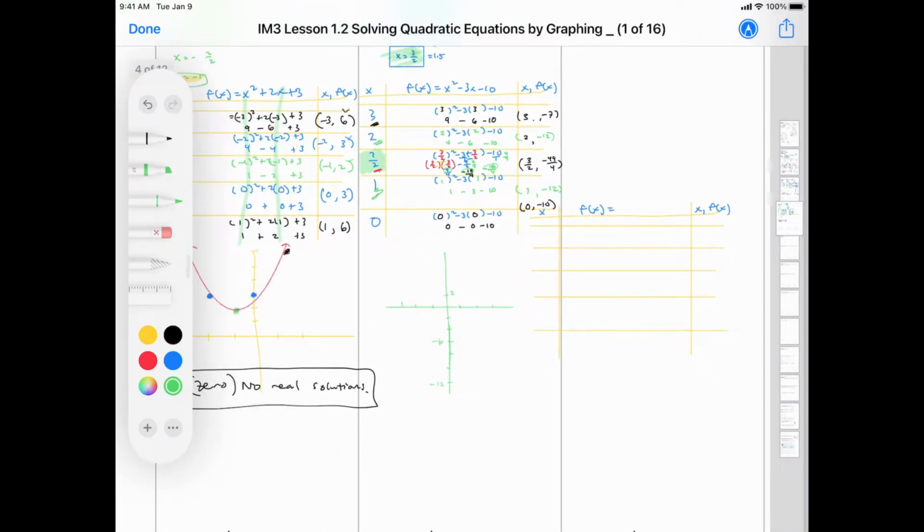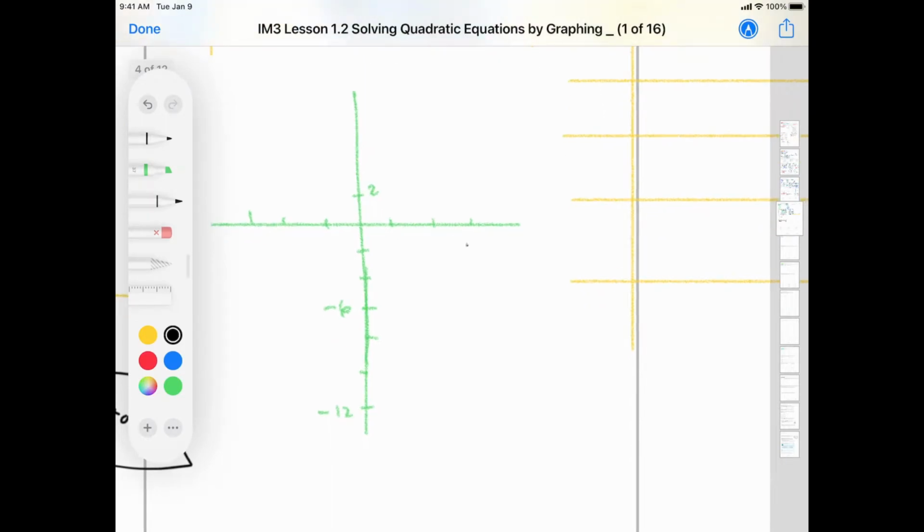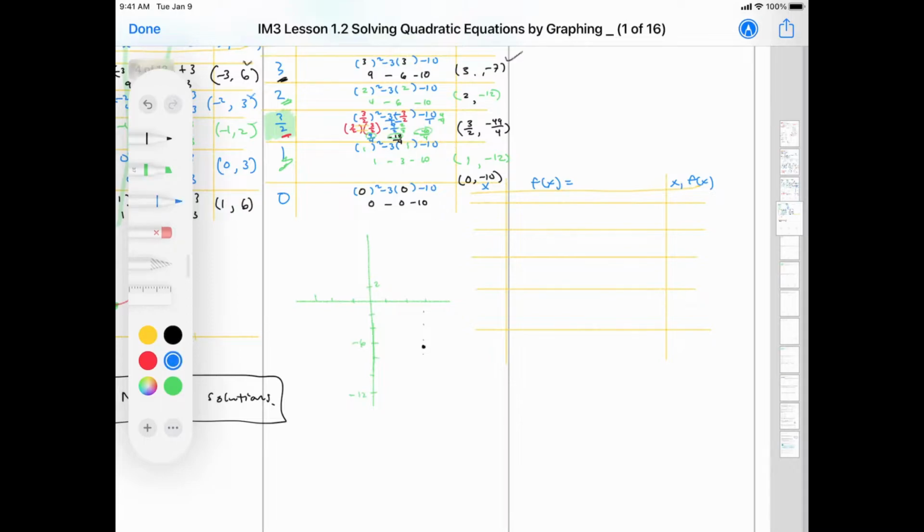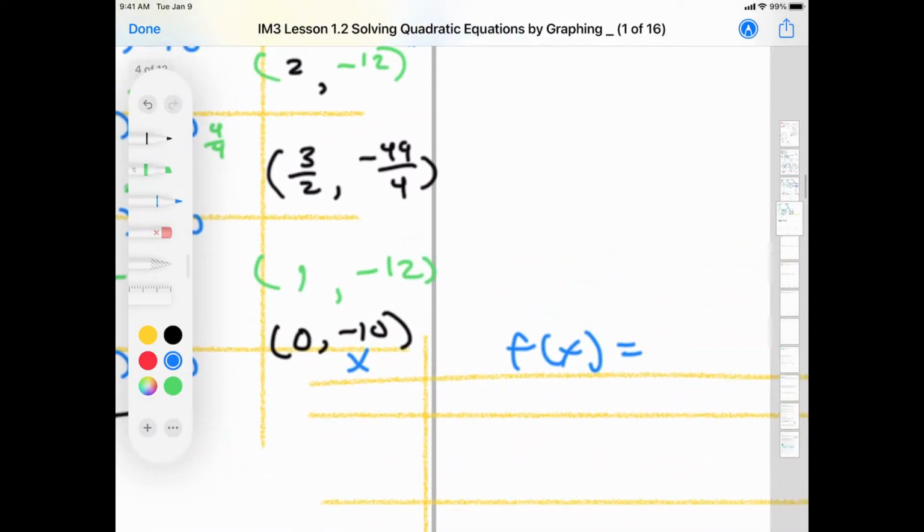We got 3, -10, so that would be right 3 down 10. And 2, negative 12. So right 2, down negative 12.